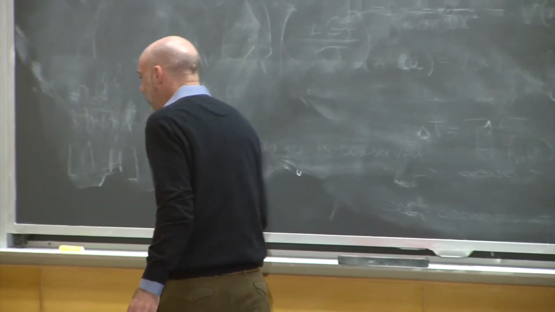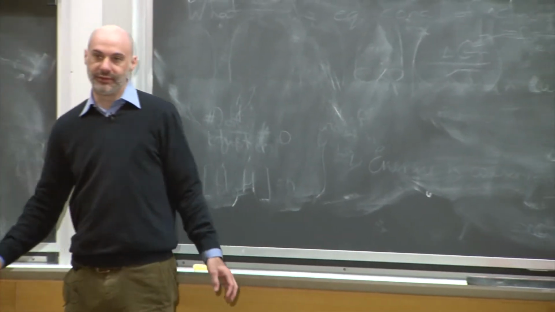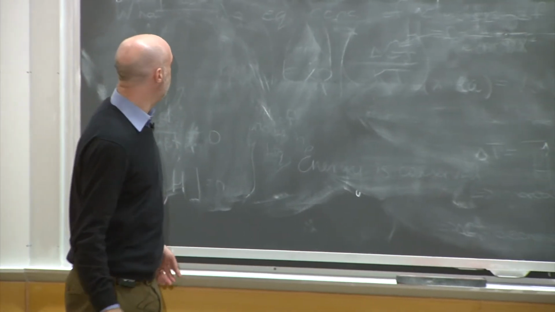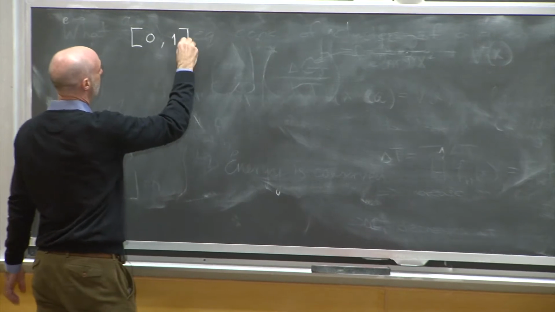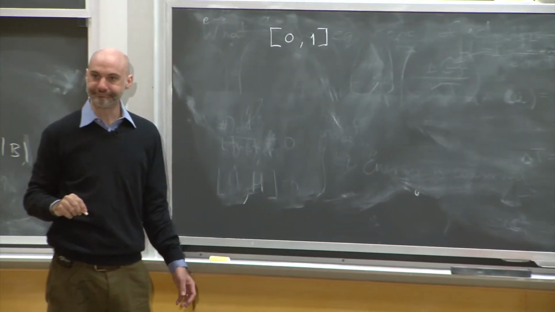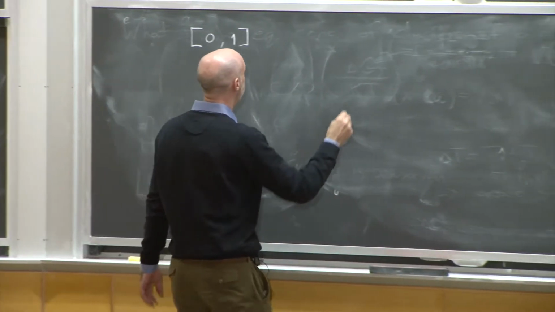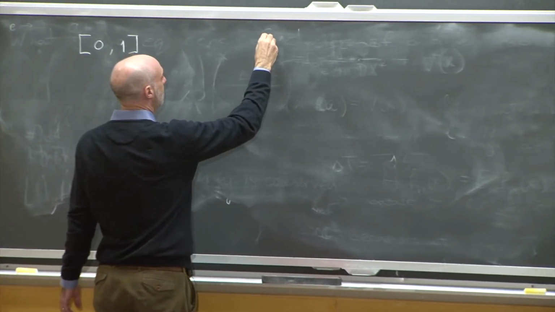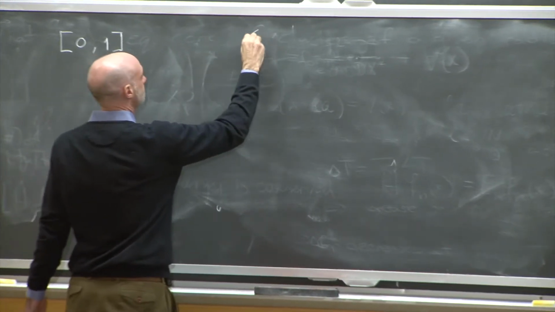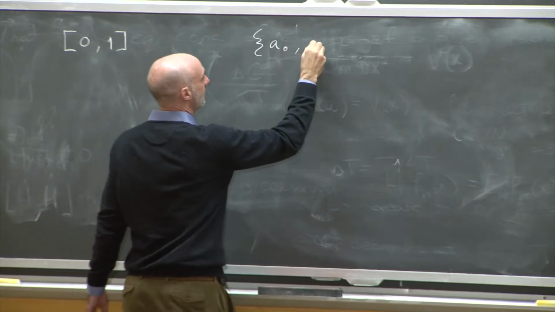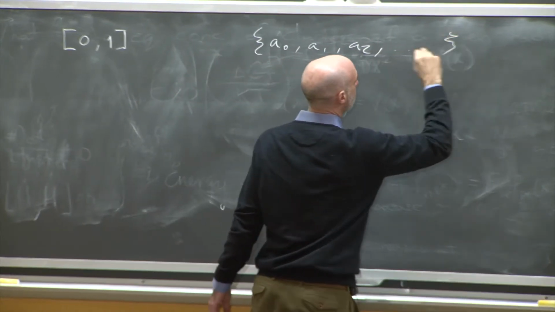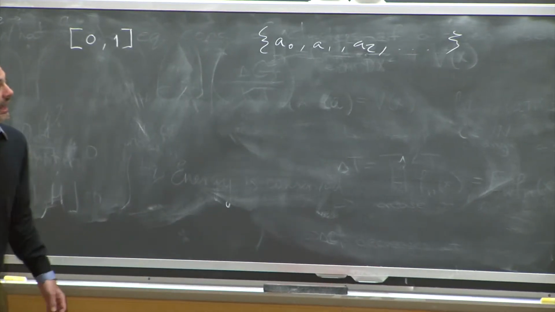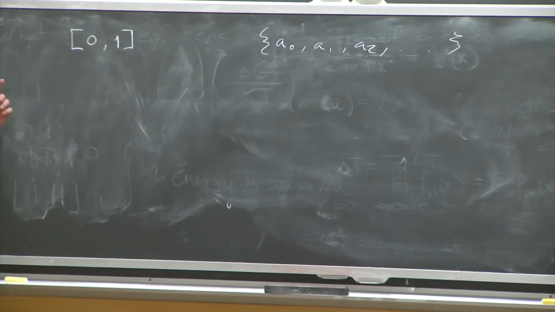So one thing I thought it would be useful to prove is this. Suppose you have the interval 0, 1, and you have a set which has one thing for each natural number.